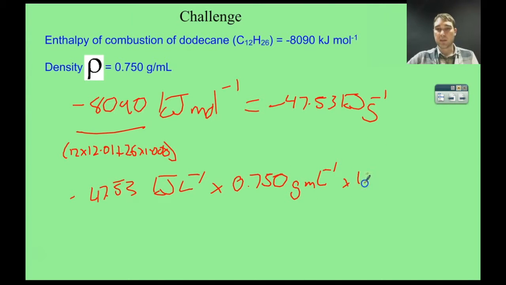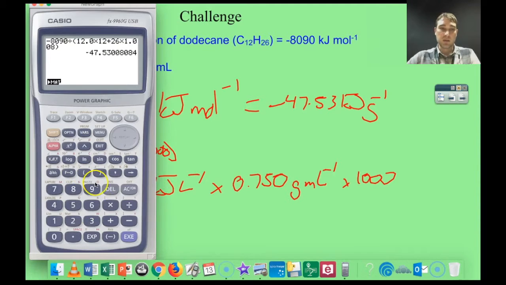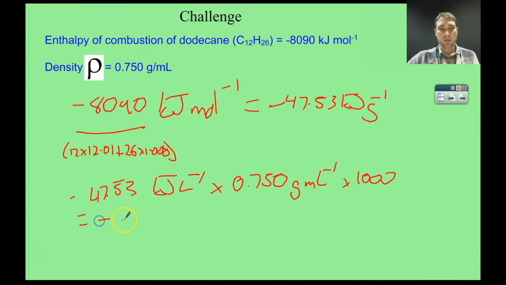And we're going to multiply that by 1,000 because there's 1,000 milliliters in a litre. So if we go back to our calculator, and we get minus 35,647. So minus 35,648. So let's write that. Minus 35,648. And that is kilojoules per litre.